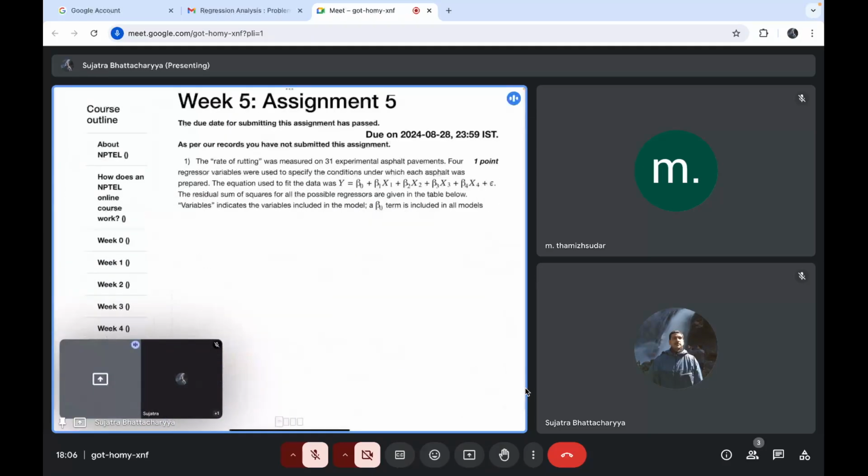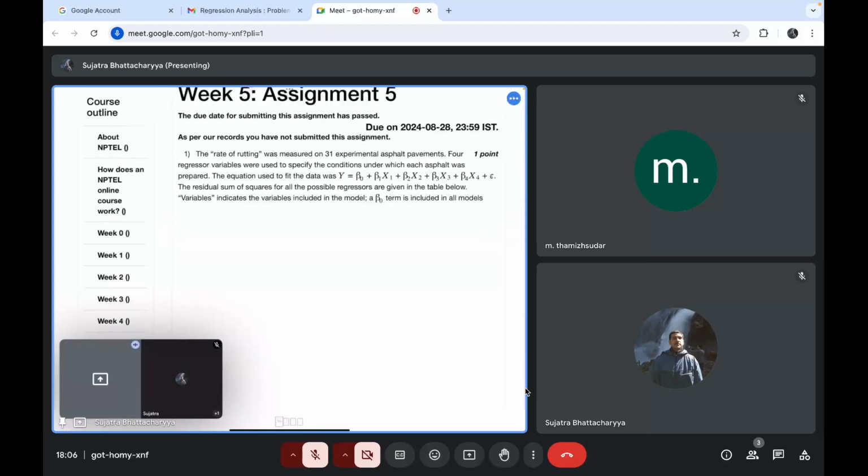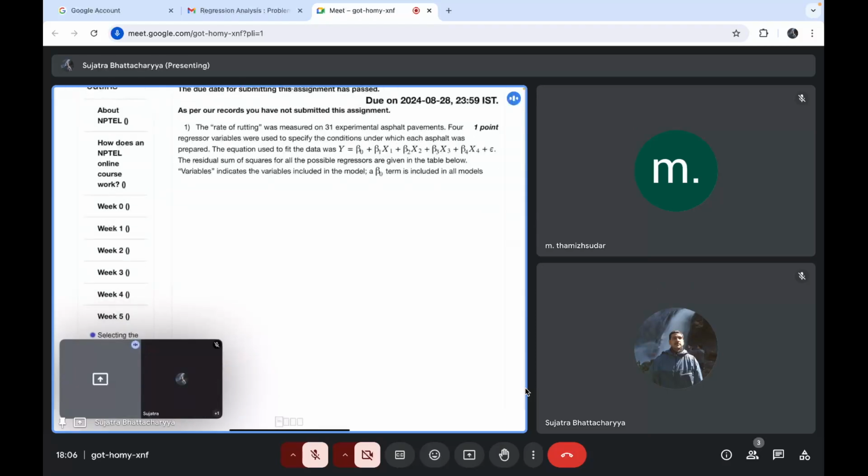These are the assignment questions for week 5. The important thing from the question is that there are 31 experimental asphalt pavements, so your N is 31. The complete model consists of four regressor variables: x1, x2, x3, and x4.